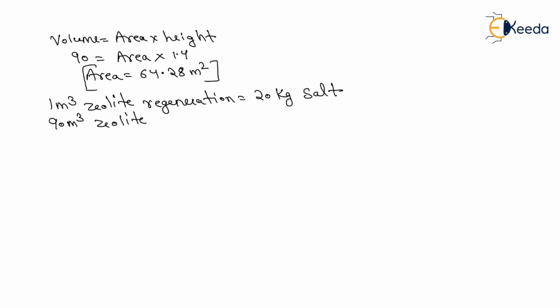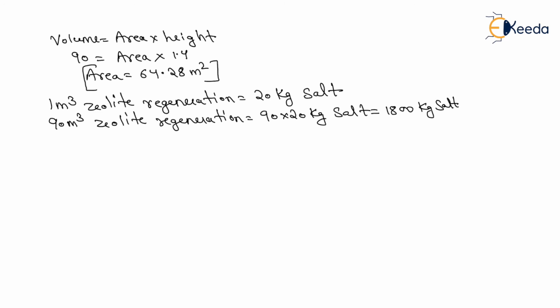So for 90 meter cube of zeolite regeneration, what will be the amount of salt required? It will be 90 into 20, which is 1800 kg salt required for the regeneration of 90 meter cube of zeolite.